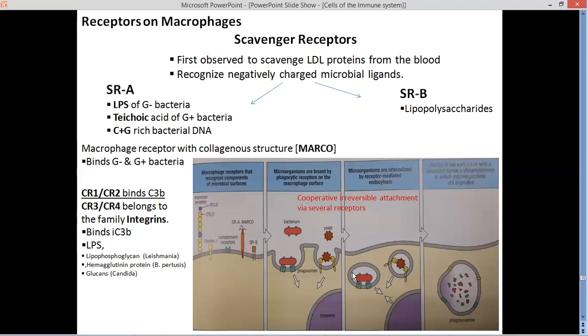Once internalized in the form of a phagosome here, this phagosome would be fused with a lysosome. And you know about the composition of the lysosomes, that they have acid hydrolases, and these enzymes can readily degrade these pathogens into smaller pieces, and the body can get rid of that.